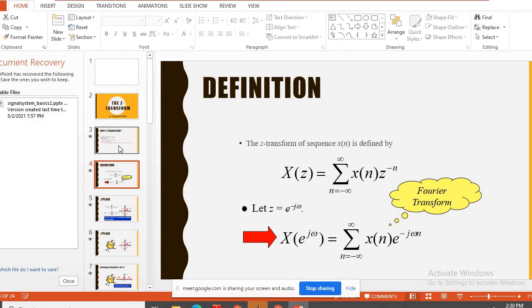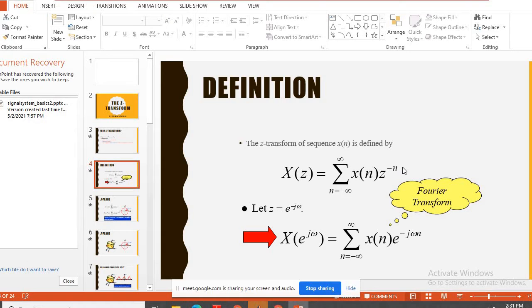As far as its definition is considered, just see here how it is modeled. It is the basic equation of a Z transform, where our discrete time signal, denoted by x of n in general, when transferred into Z domain is expressed as X of z equals the summation of x of n z raised to minus n.